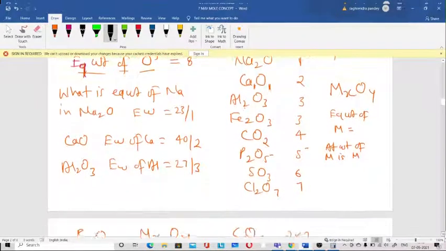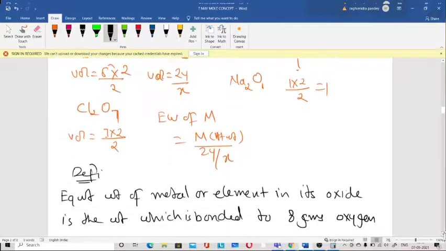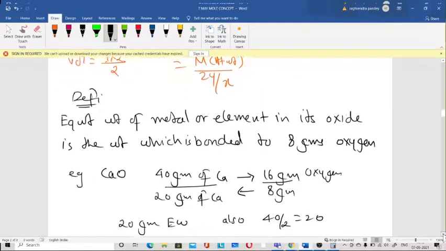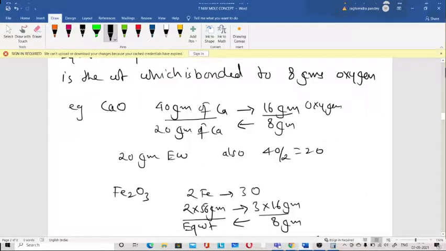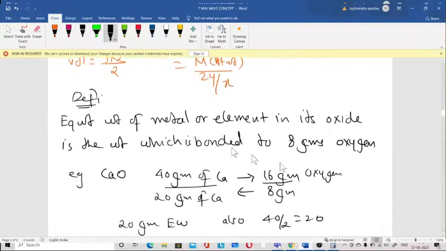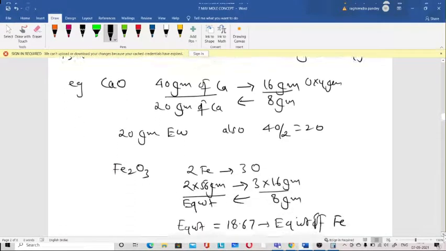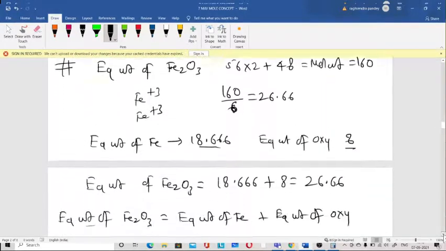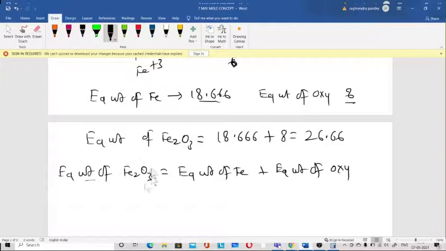Then you have to see the definition: the equivalent weight of a metal or element in an oxide is the weight which is bonded to 8 grams of oxygen, which again gives the same result. The last one is that the equivalent weight of the oxide is the equivalent weight of metal plus the equivalent weight of oxygen. So this is another concept. Got it? Now let's take some questions.